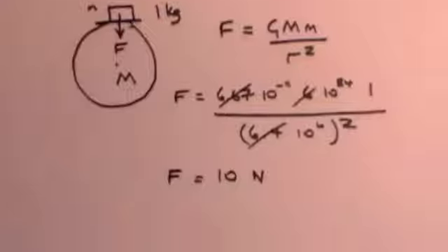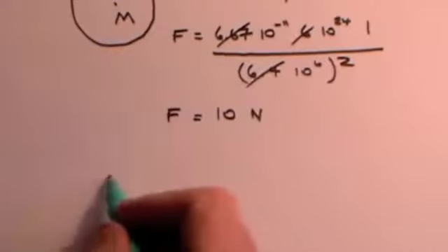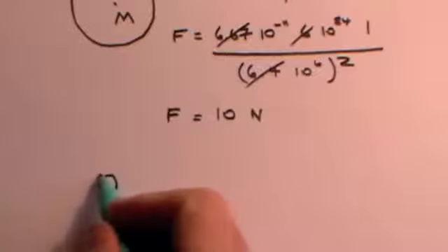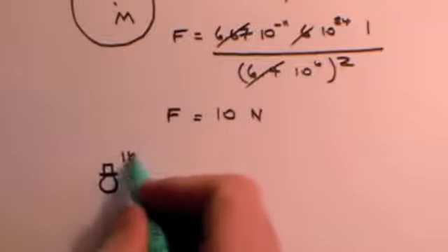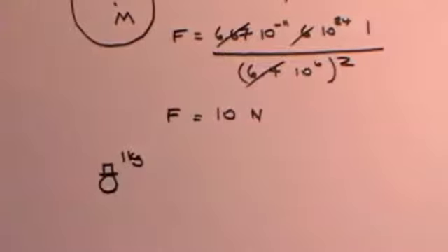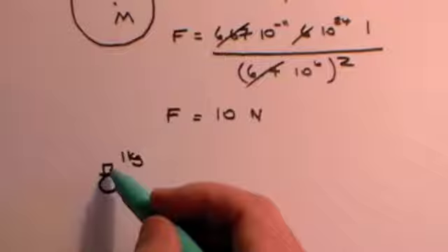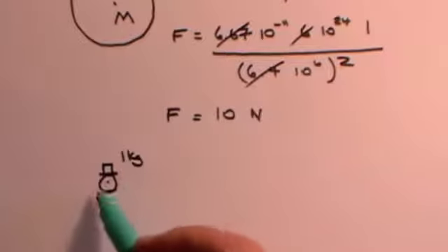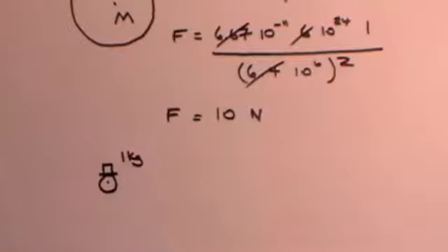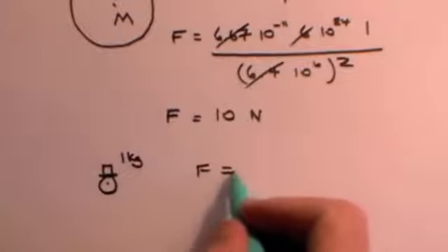Now, let's suppose you do squash the Earth down to the size of a marble. Here's a floorboard in theory, and there's my 1 kilogram weight. And I now want to ask, what is the force acting on that 1 kilogram weight due to the gravity of the Earth, which is now the size of a marble? Well, exactly the same formula is going to apply.